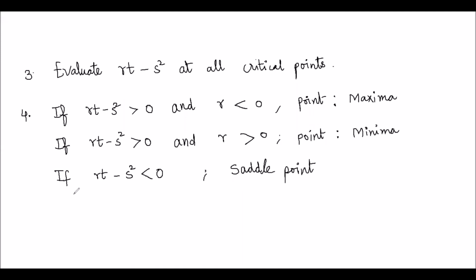The last case, if rt minus s square is equal to 0, then this test fails. So this is the working rule for finding the local maxima and local minima for a function of two variables. Now let us consider one problem.